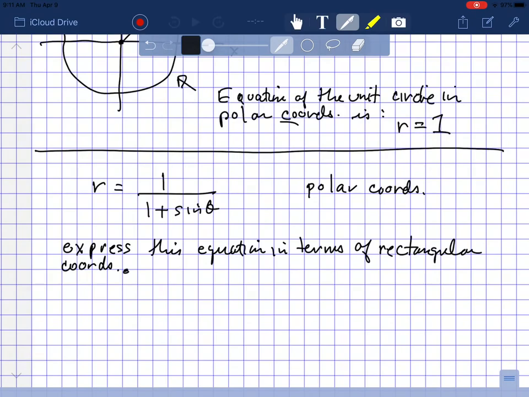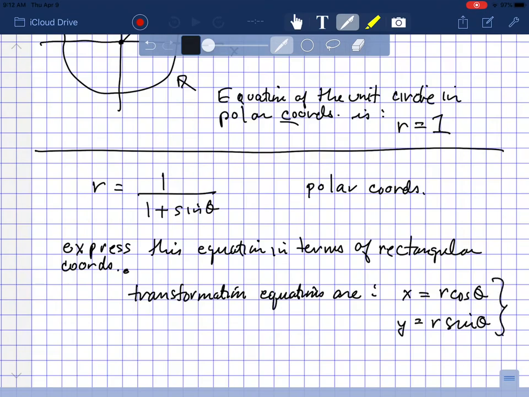Okay, well, to do this again, I'm going to appeal to our transformation laws. So our transformation laws, or transformation equations, are x is equal to r times the cosine of theta, and y is equal to r times the sine of theta.